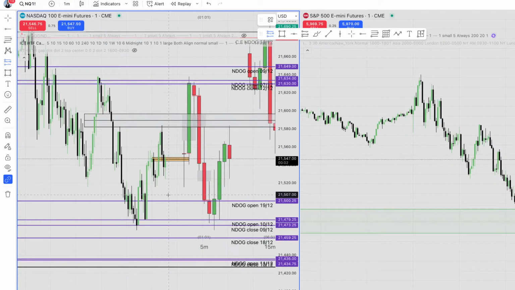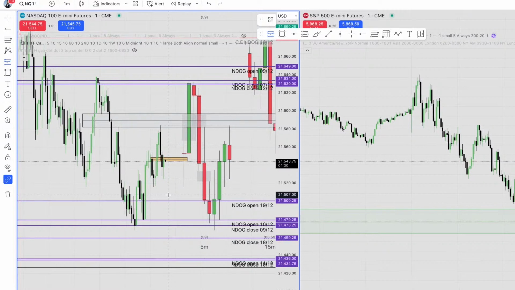Now I'm looking for the best stop loss to put. I don't want to just go and put my stop loss on top of a swing high randomly. I want a precise stop loss and a very precise TP. I want to know what I'm doing and I want to understand it. So this is a nice opportunity to go short.